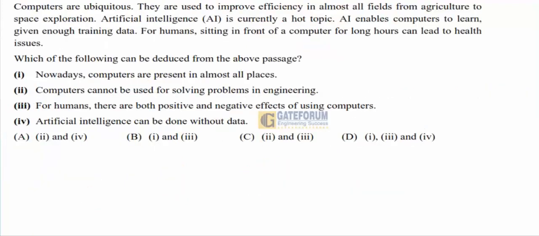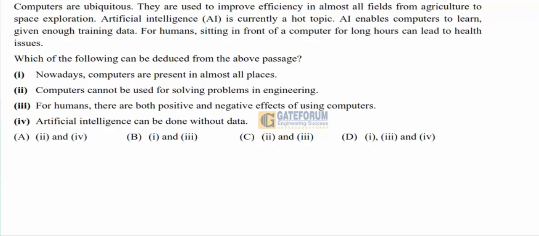Computers are ubiquitous. What do we mean by ubiquitous? It means present everywhere. Computers are omnipresent, sort of. They are used to improve efficiency in almost all fields, from agriculture to space exploration. Artificial intelligence, AI, is currently a hot topic.